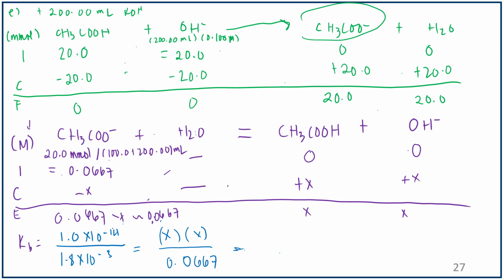This further simplifies into 5.6 times 10 to the negative 10 equal to X squared divided by 0.0667.